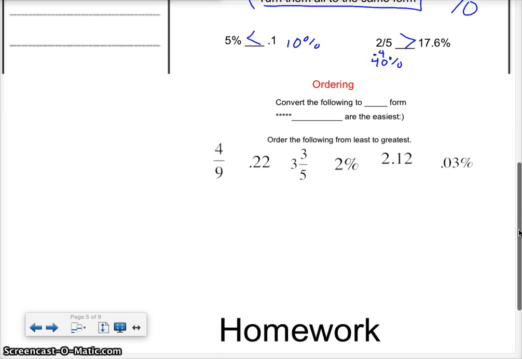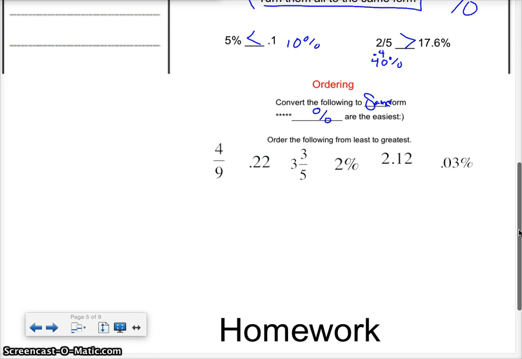So you want to convert the following to the same form. And remember, percents are always the easiest to work with. But when you put them back, it has to be the way they gave it to you. You can't just put it the way you changed it.